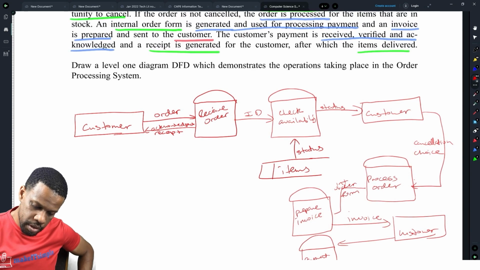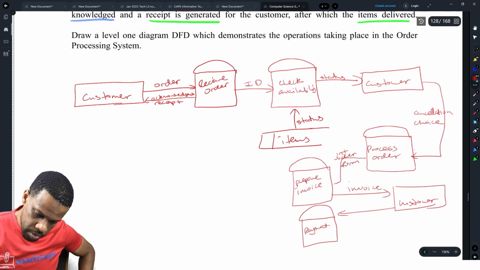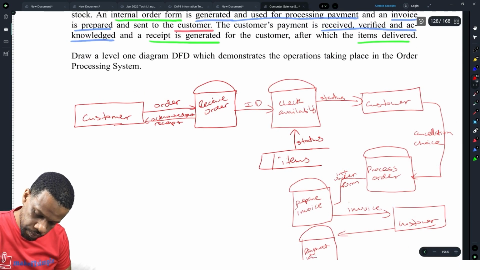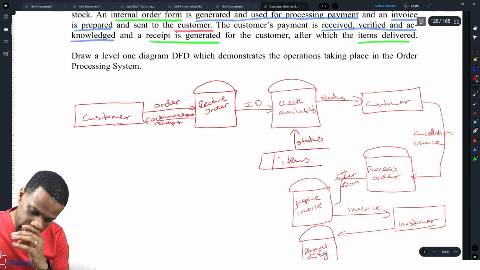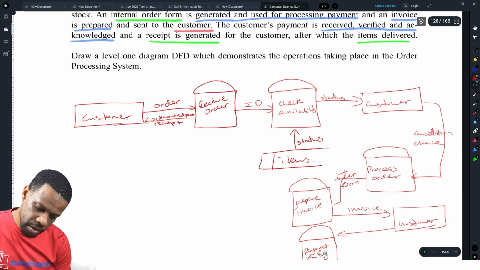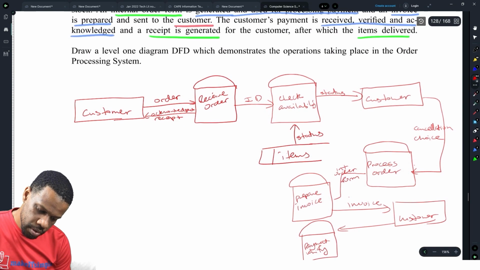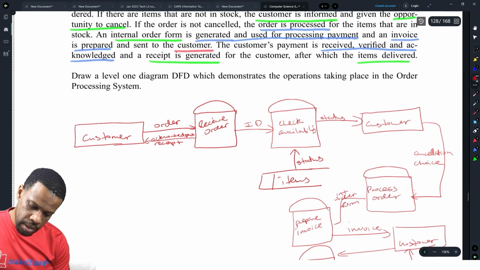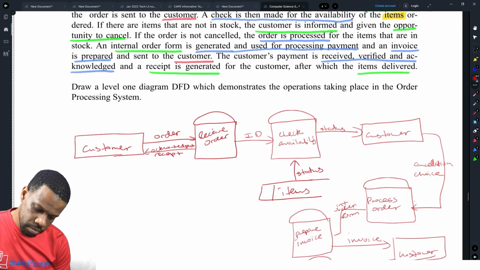Customer's payment is received. Payment verify. We'll call that verify payment. Verify the payment, and once you verify the payment, we're going to send a receipt. And where are they getting the item from?